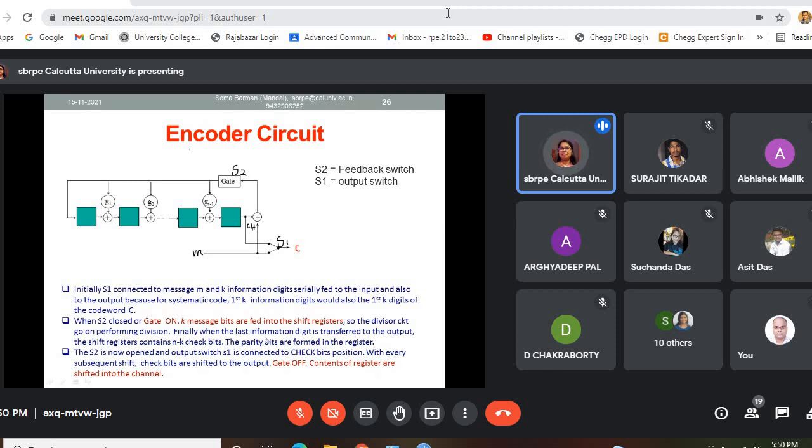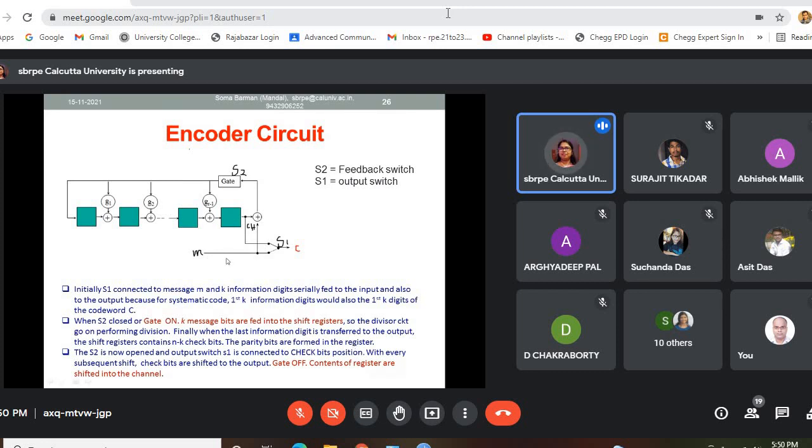Finally, when the last information digit is transferred to the output, the shift register contains the n minus k check bits. The parity bits are formed in the shift register.